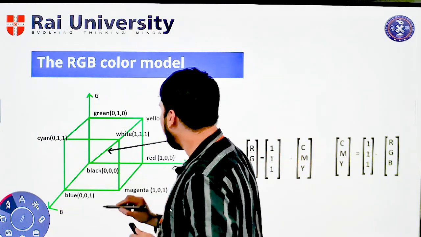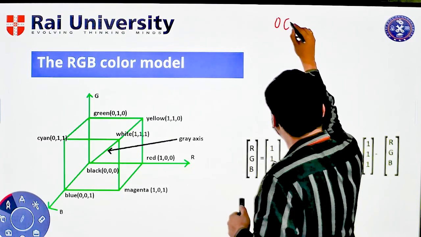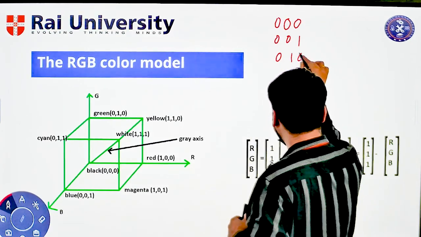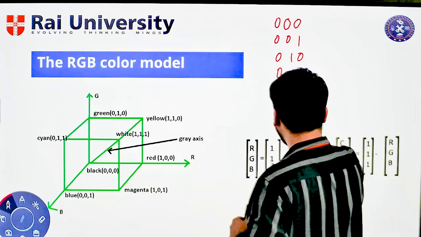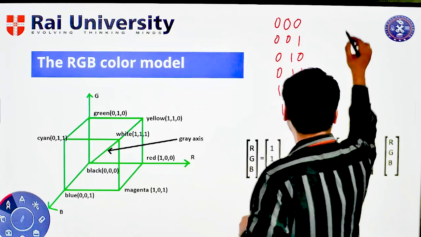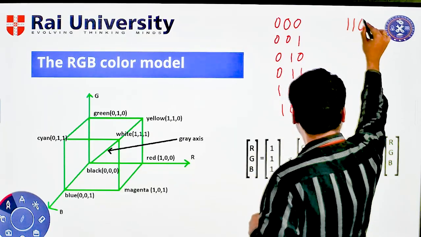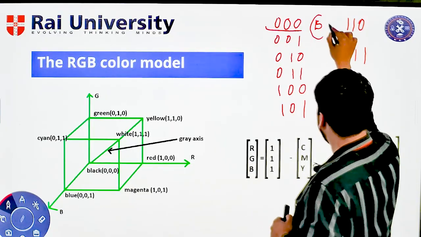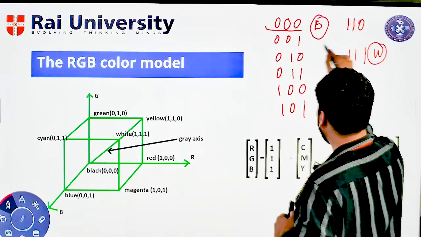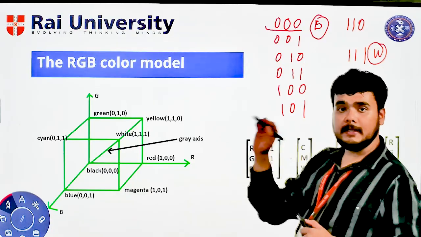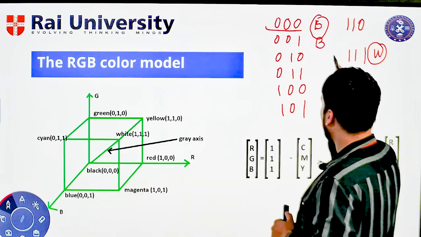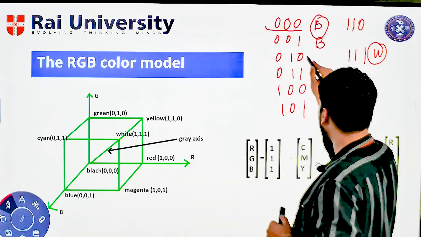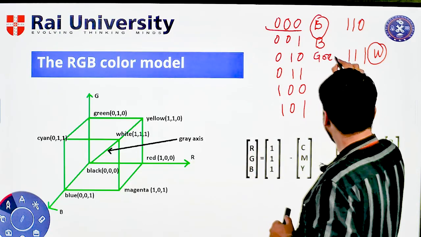Now technically, we observe we have 3 bits and 3 bits have a total of this many values. Now this is called black. This is called white. Now here 001 means it is called blue. In the middle, it is called green.